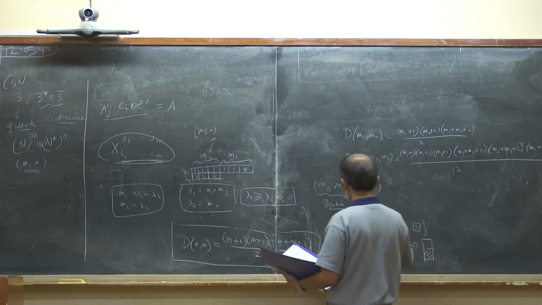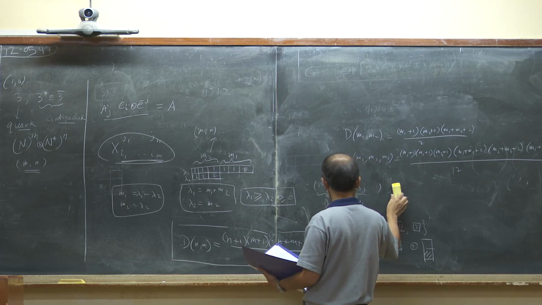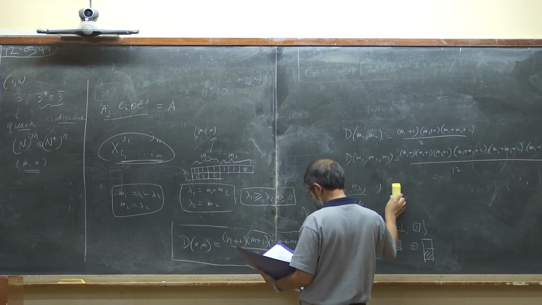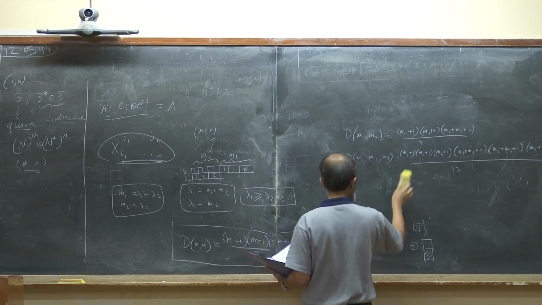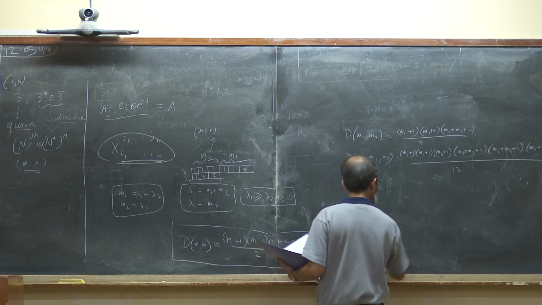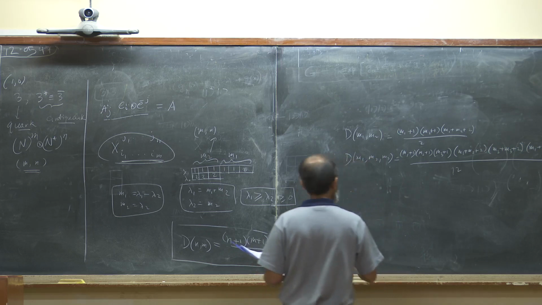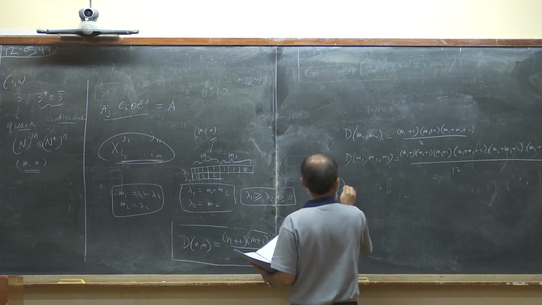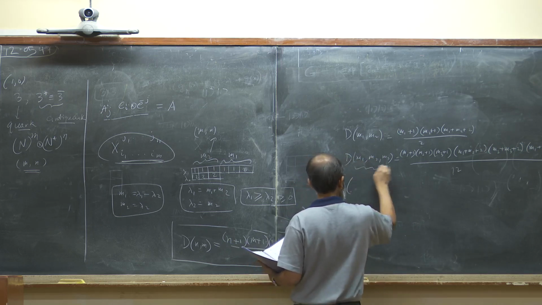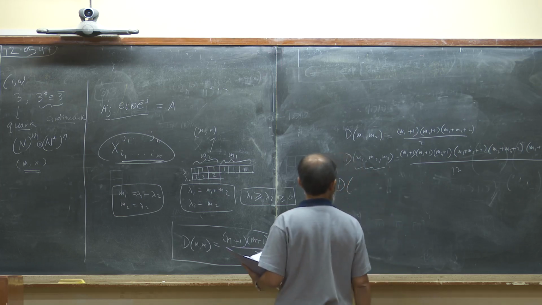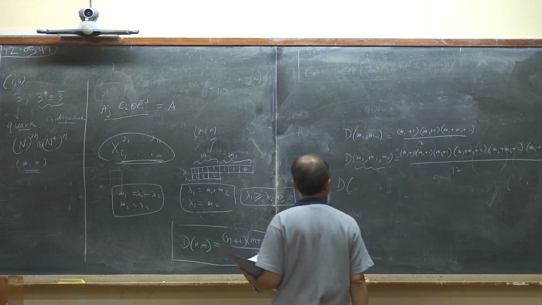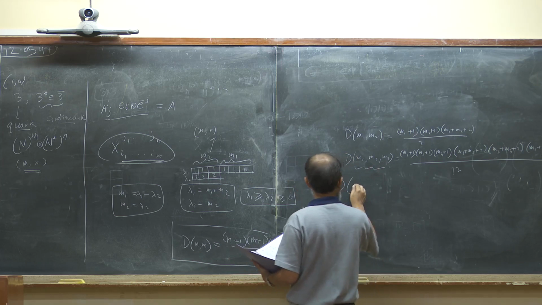But let me tell you another general dimension formula, which is equivalent to this, of course, which I am writing here for any SUN. So that is the following. As I said, the Dynkin data can be transcribed to Young data.